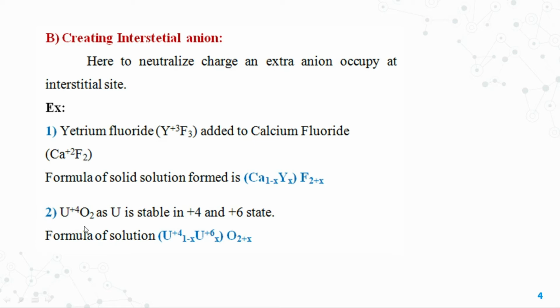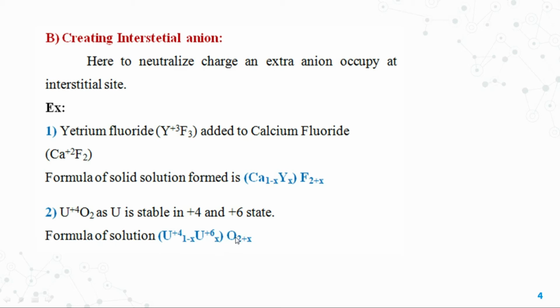Similarly, if I consider uranium dioxide, in this case uranium is in plus 4 state, but in nature plus 4 and plus 6 states are both stable. If I remove one uranium ion and replace it by uranium plus 6, that means there will be a need for addition of a minus 2 charge, and that is the reason why the formula of the formed compound will be U+4 (1-x), U+6 (x), O(2+x).